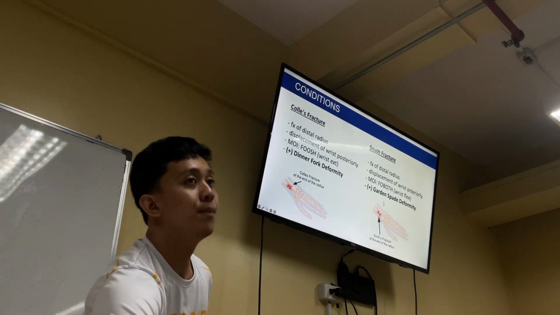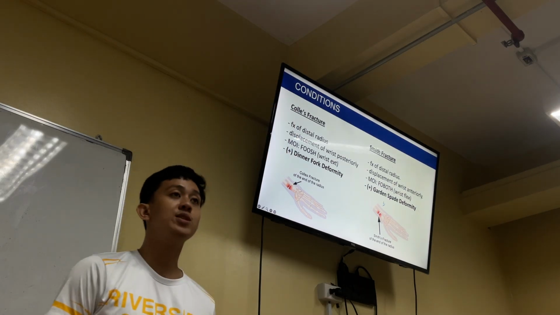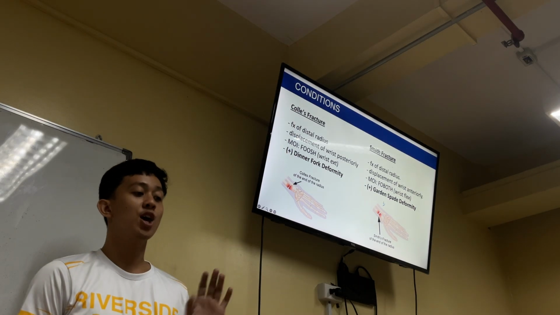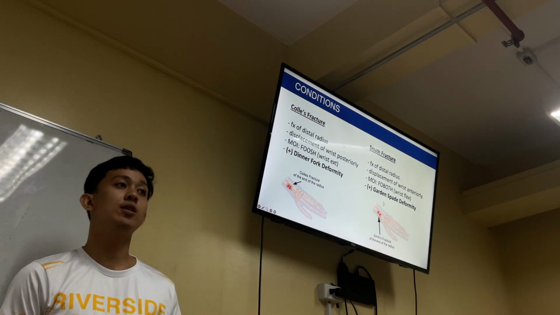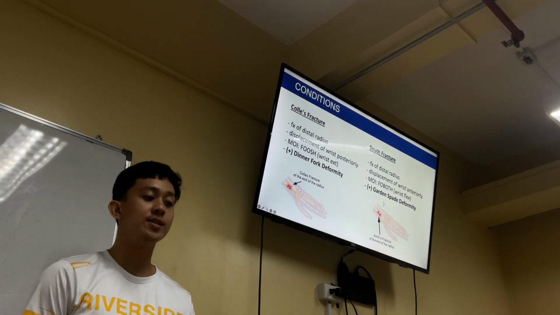So, the mechanism of injury, the etiology, of your Coles fracture is a fall onto an outstretched hand with wrist extension.